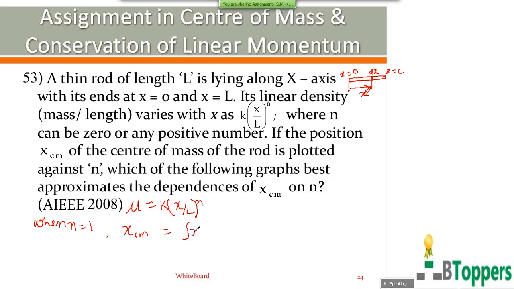XCM equal to integral x dm by integral dm between x equal to 0 to x equal to L. So let us find the value of XCM in the general way. The mass of a small element can be written as mass per unit length into length of the small element. First we'll derive it in the general way.